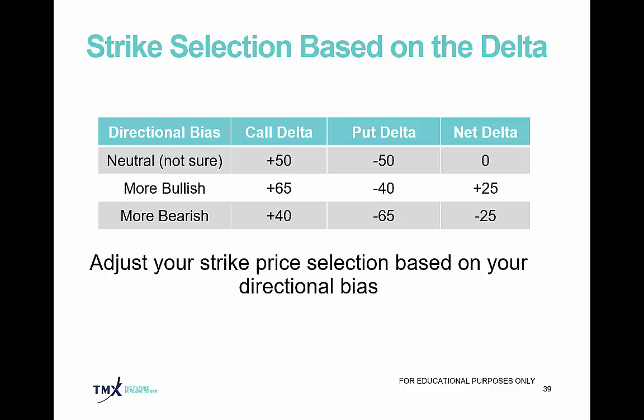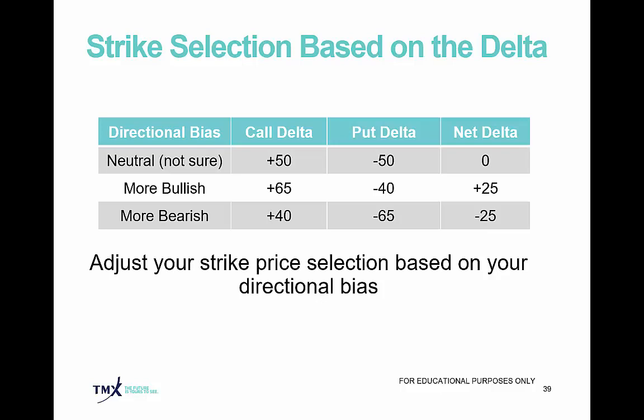And an at-the-money call and an at-the-money put typically have deltas close to 50 or 0.50. So if we're looking to be more neutral, we can buy a call with a delta of +50. We could buy a put with a delta of -50, and you can see that we're in fact delta neutral.